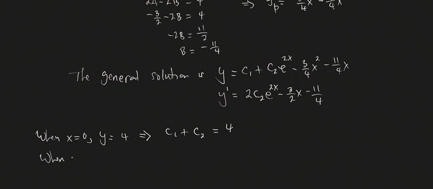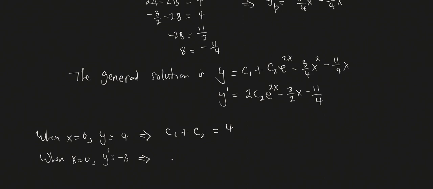The next condition says when x is equal to 0, y prime is negative 3. So let me write down this side first. What's nice is I'm going to know exactly what C2 is, and then it's going to make it easy for me to find C1.